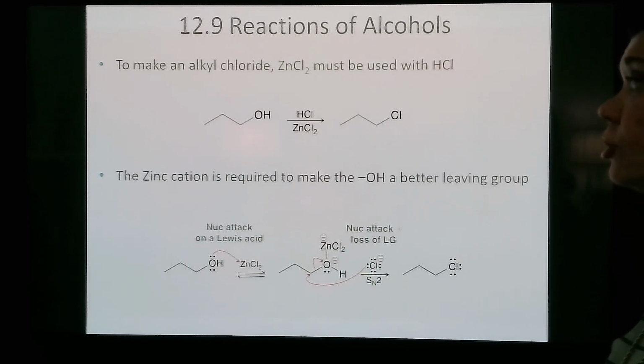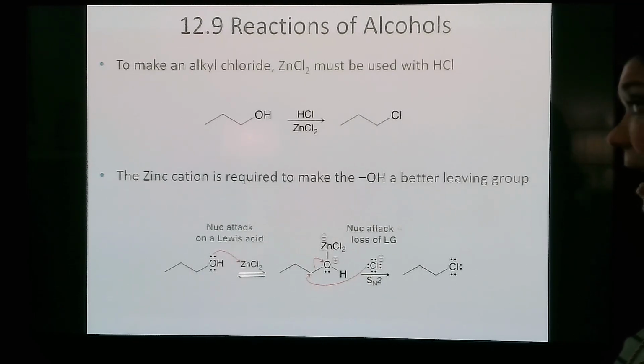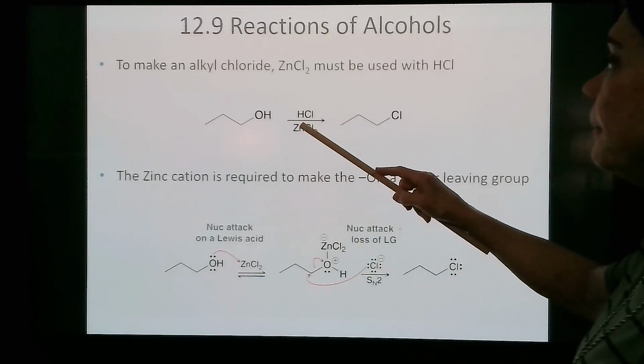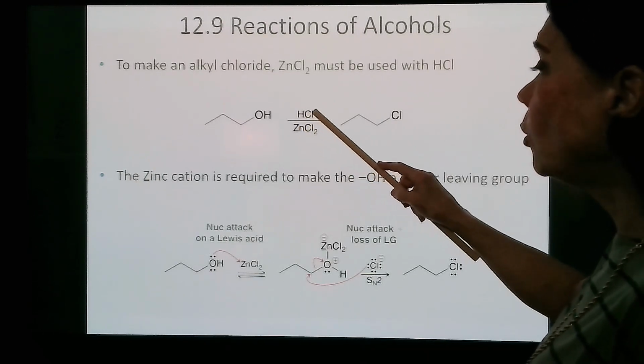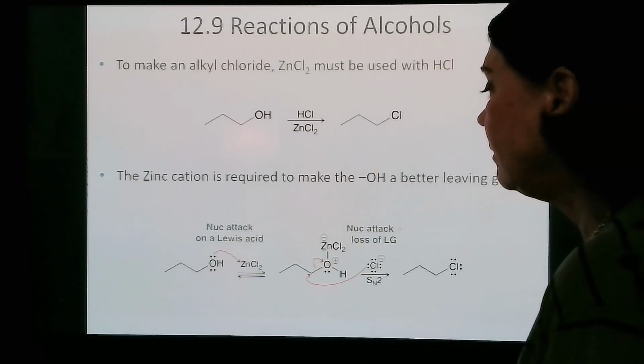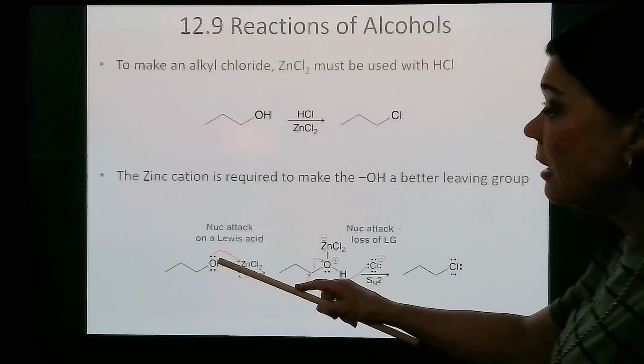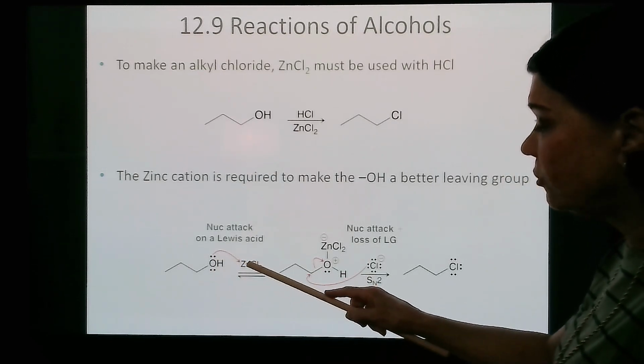Now, additional reactions that you will need to know are when you use the zinc chloride along with HCl. And so in this case, what happens is the oxygen associates with the zinc.